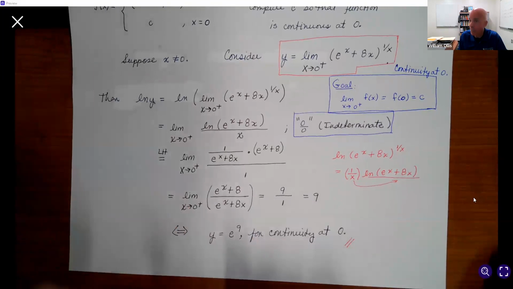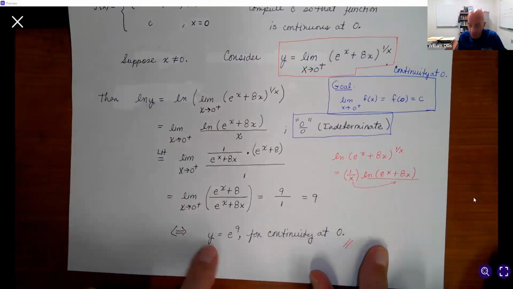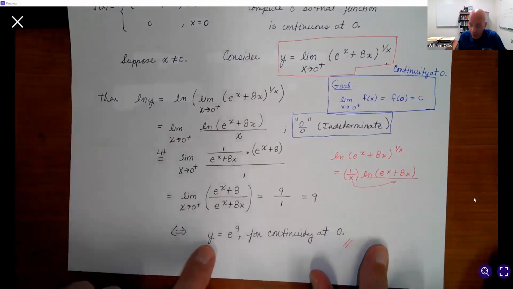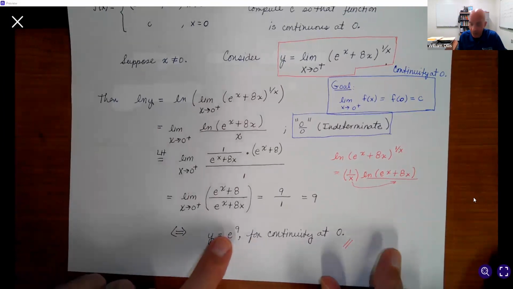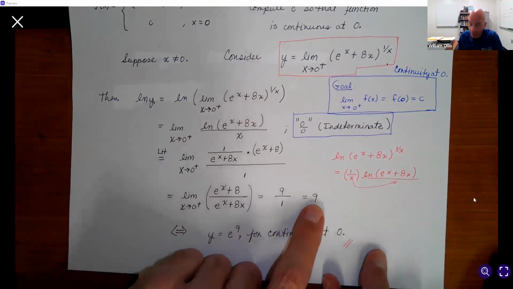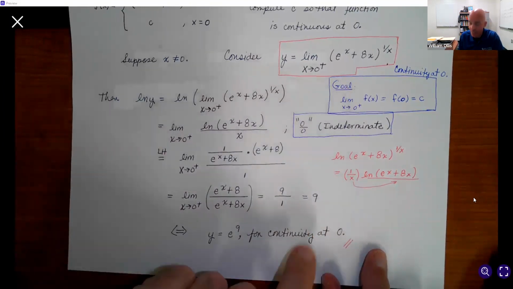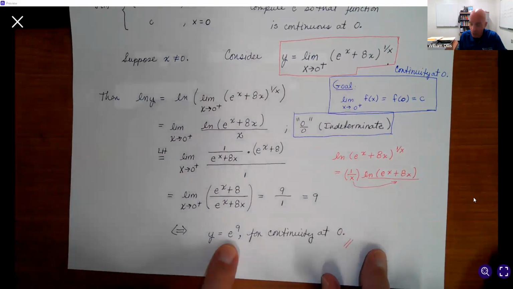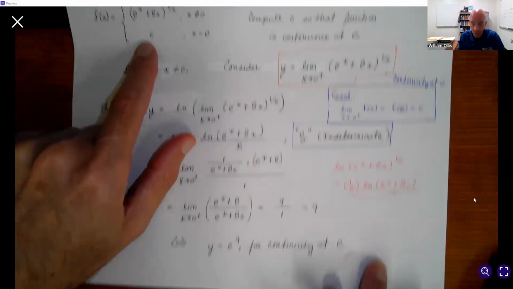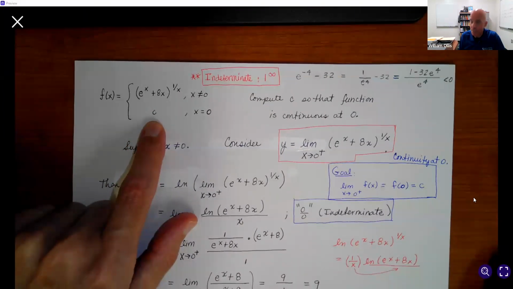And what's a logarithm? Power of the base. So now we just apply that. So y would just be e to the 9. The power of, in this particular case, e that gives us the required value of c is 9. So we now know that we need the value e to the 9 to go here for the function to be continuous.